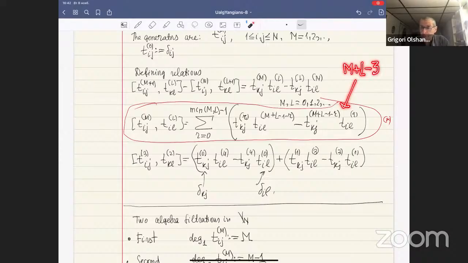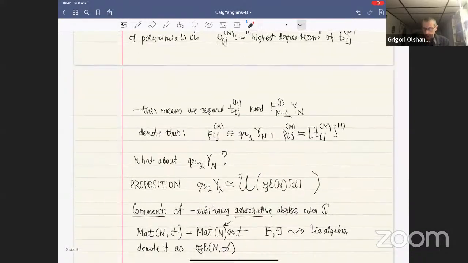But there is some exception, because if r is equal to 0, then this is a constant, and the degree is only m plus L minus 2. Okay, and the same happens with this index. No, it's okay. So the conclusion is as follows.